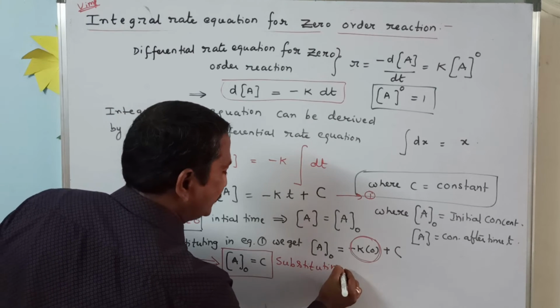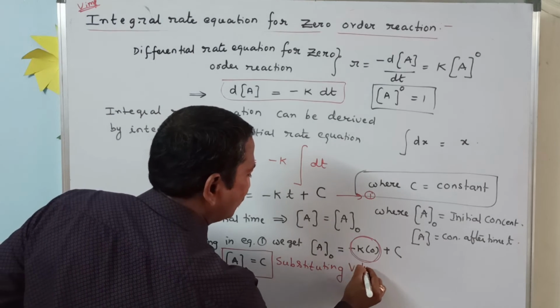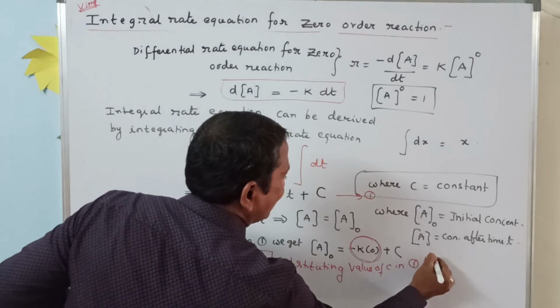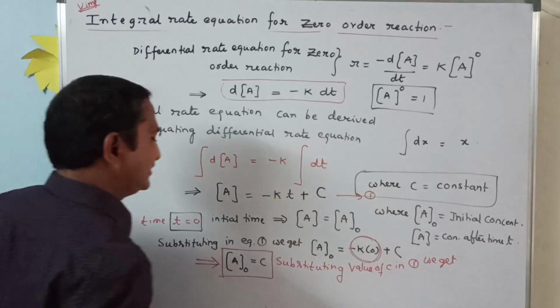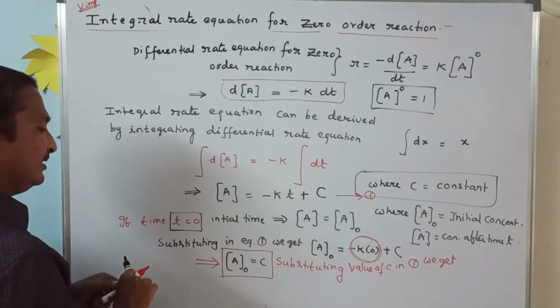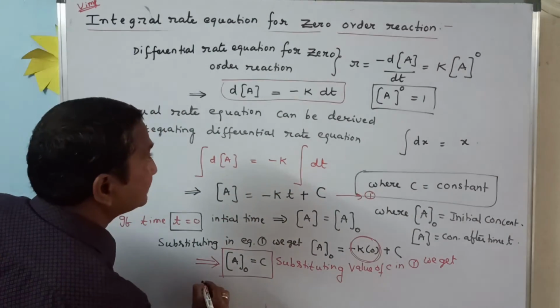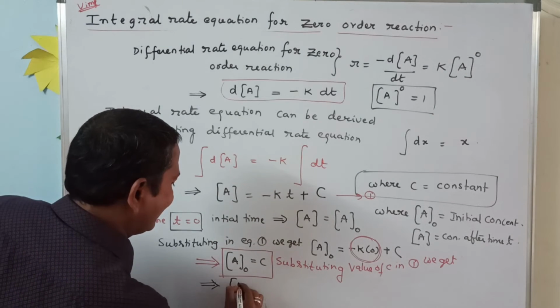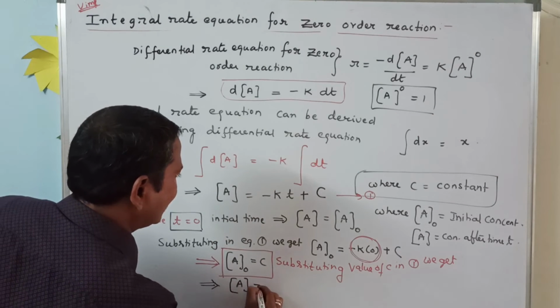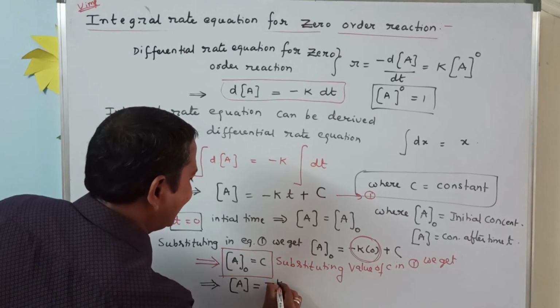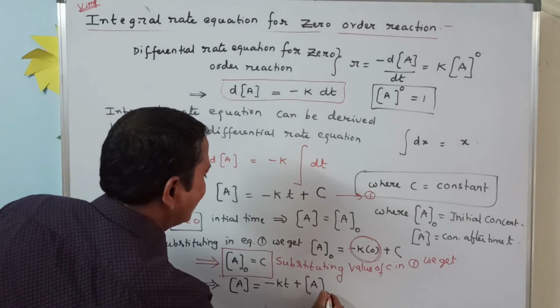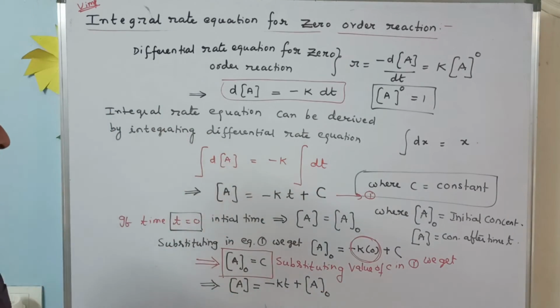Now substituting the value of c in 1 we get, clear all of you? Substituting c in 1, that implies [A] is equal to minus kt plus [A]0.